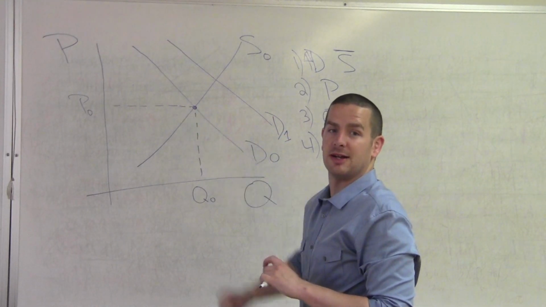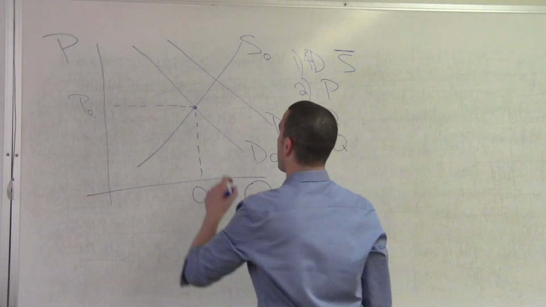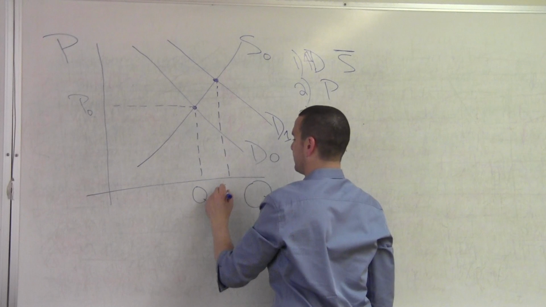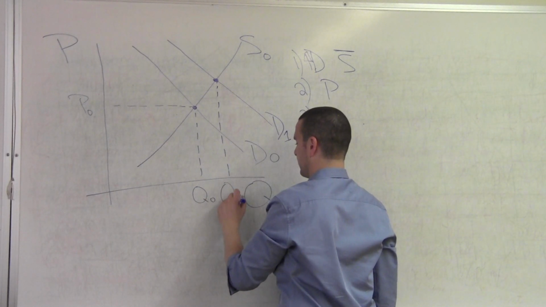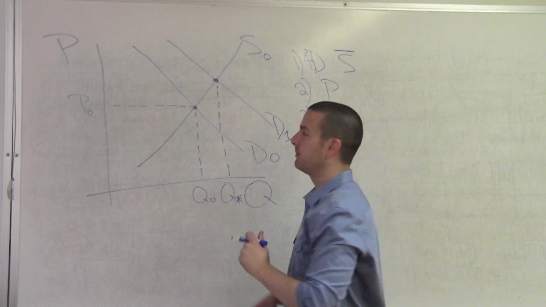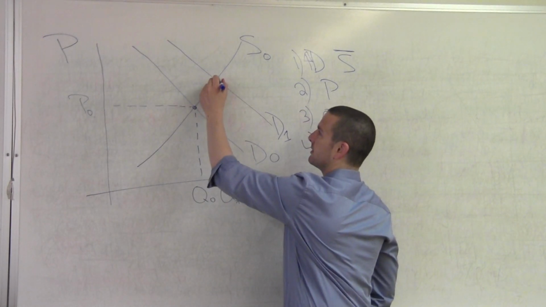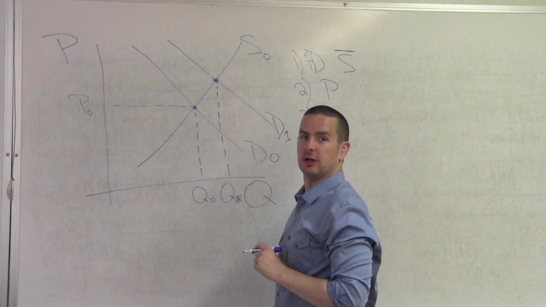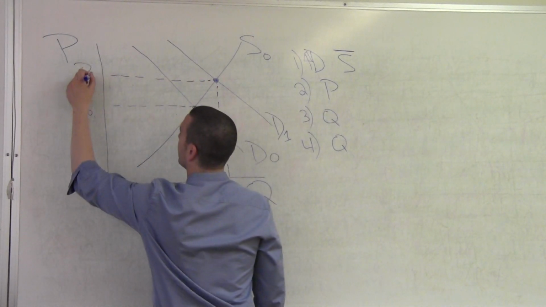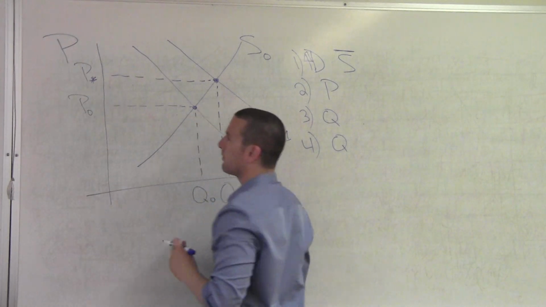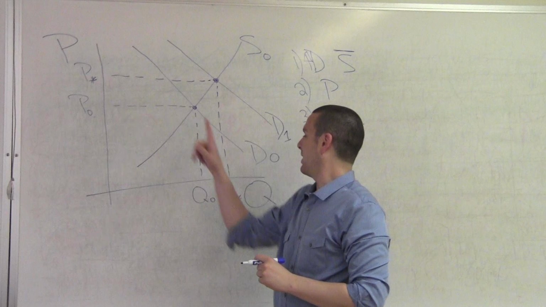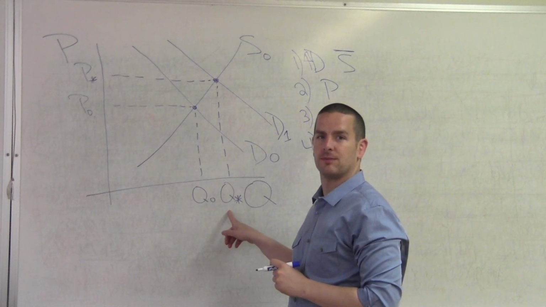Once you're done with step 1, figuring out what changes and what stays constant, then you can draw in new lines into your graph. And I'm giving these asterisks because it's our new equilibrium, right? This is our new equilibrium. So we have a new equilibrium price and quantity.